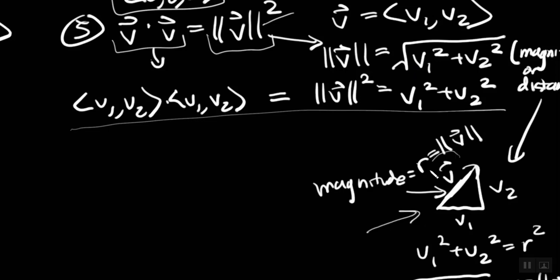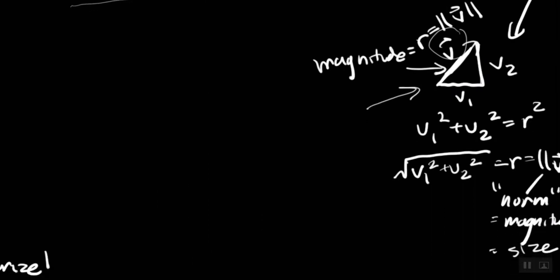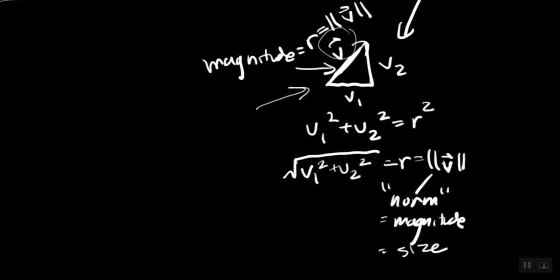So this is the vector v, and it has the x component and y component. And we know from geometry, from the Pythagorean theorem, that a squared plus b squared equals c squared. So v1 squared plus v2 squared equals, let's just call this magnitude, or r, the magnitude of the vector. So this distance over here will be r.